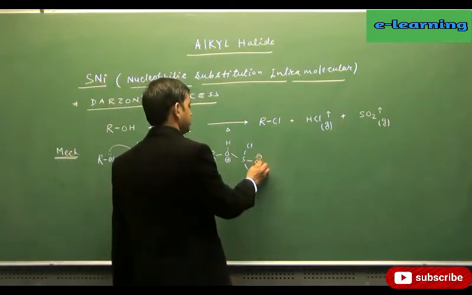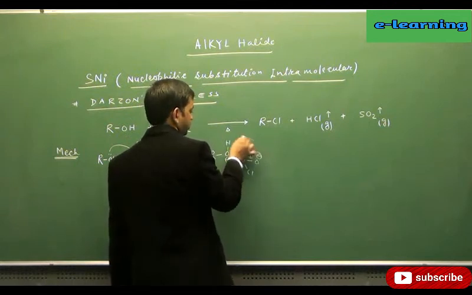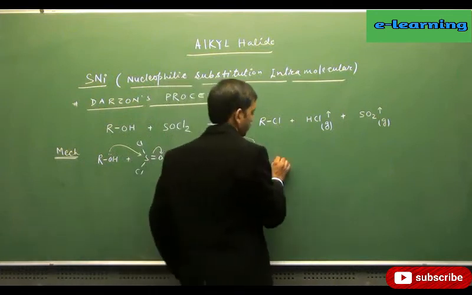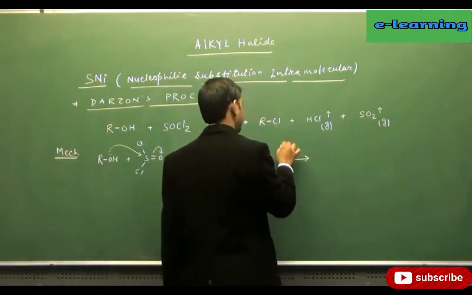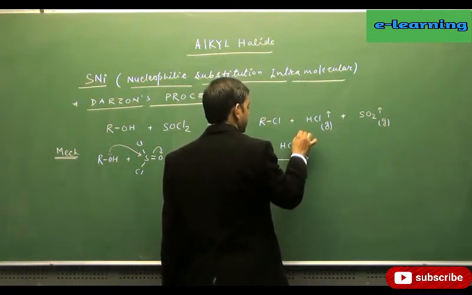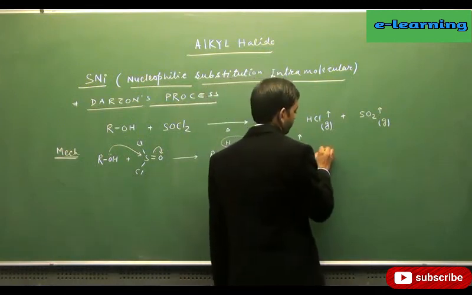It removes Cl negative, and this Cl negative removes the H positive, eliminated in the form of HCl. Because HCl is gaseous in nature, it escapes from the reaction mixture.